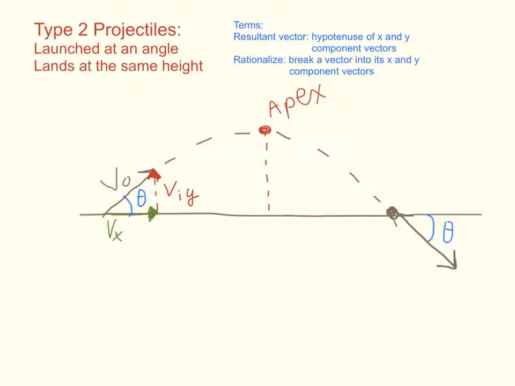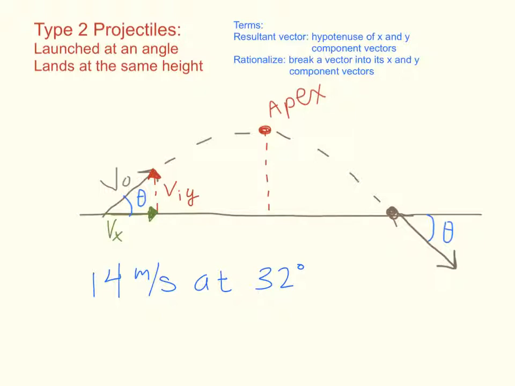When a problem gives you v naught, it's going to say something like the projectile was launched at 14 meters per second at 32 degrees above the horizon.